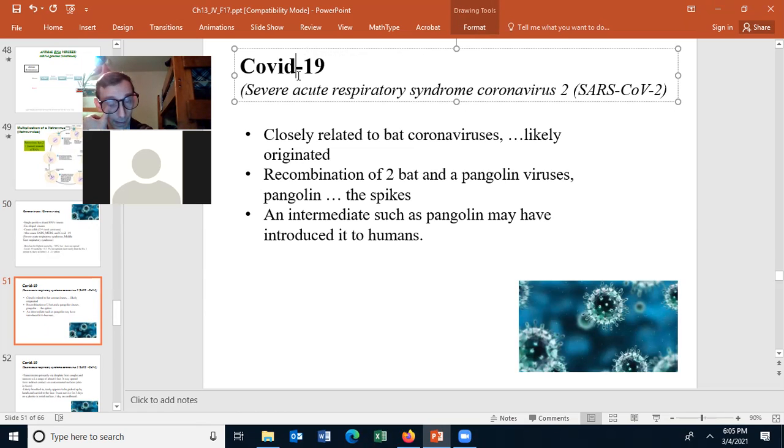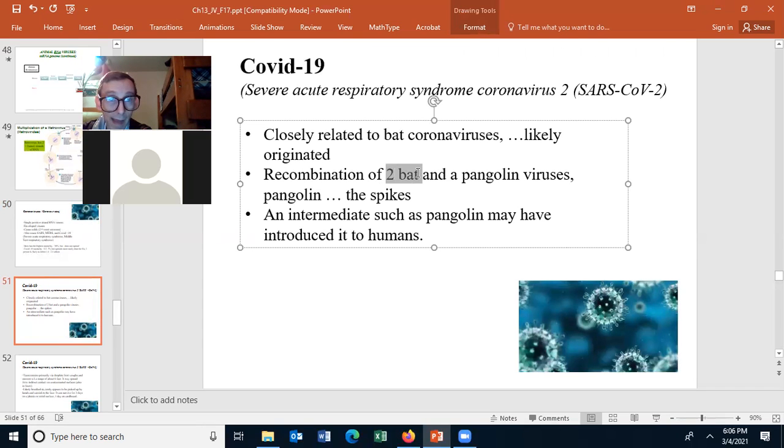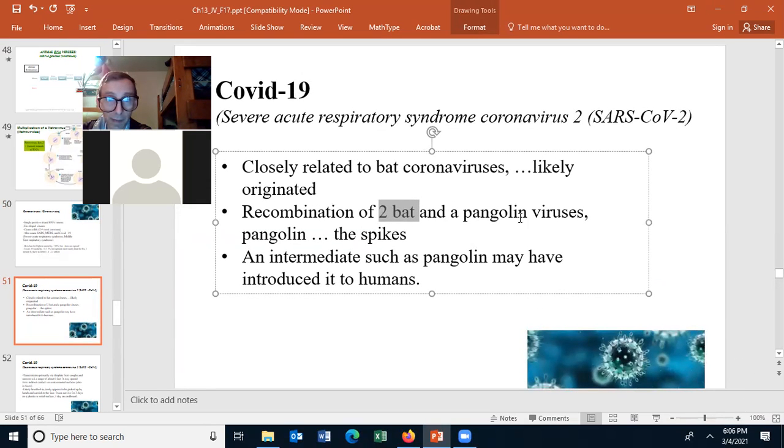COVID-19 is closely related to bat coronaviruses. It likely originated from 2 bat coronaviruses and a pangolin virus. Pangolins are spiny anteaters, and the majority of the coronavirus came from the 2 bat coronaviruses, while only a few genes encoding the spikes of this virus came from the pangolin.